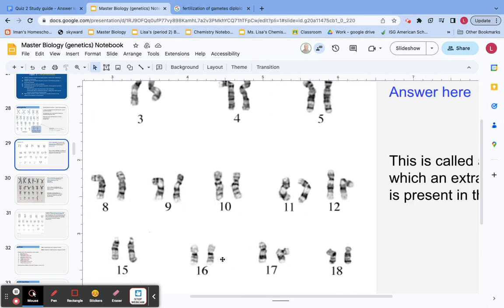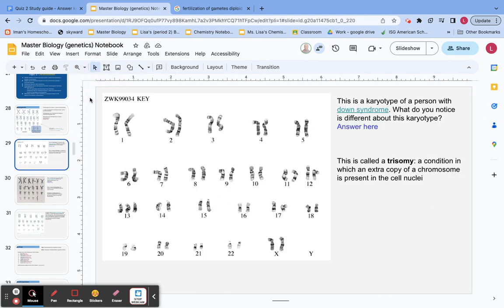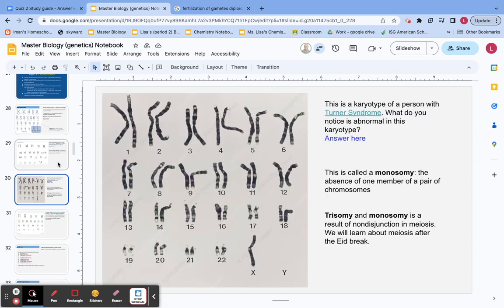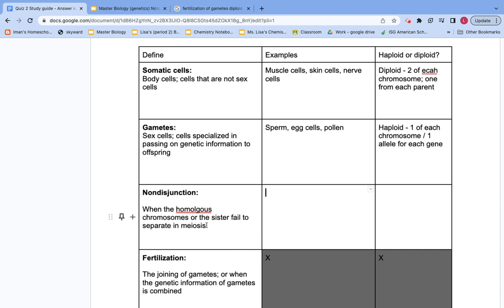In Calyx's case, because he had an extra chromosome, he inherited a gamete with an extra X chromosome. So he had a similar mutation like this. He had a trisomy where he got an X from the mother and an X and a Y from the father. So the father's gamete had an extra chromosome. Any of these trisomies and monosomies result from the fertilization of a gamete that was the result of non-disjunction.